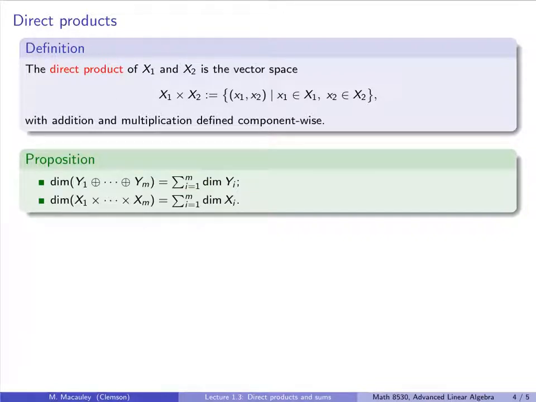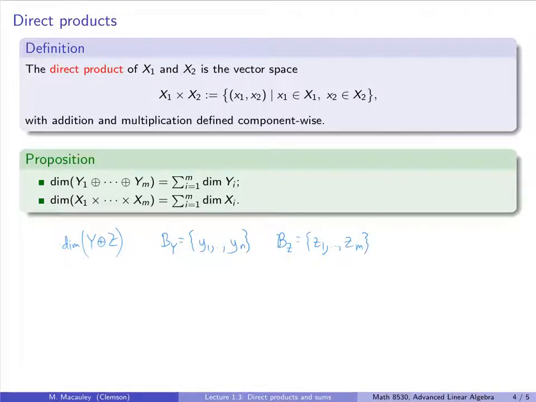And I'll leave this as an exercise, but let me show you how it works just by looking at two subspaces. So suppose we have the dimension of the direct sum of y and z, like we had in the previous slide. And let's suppose that By is a basis for y, say y1 up to yn, and suppose a basis for z is z1 up to zm.